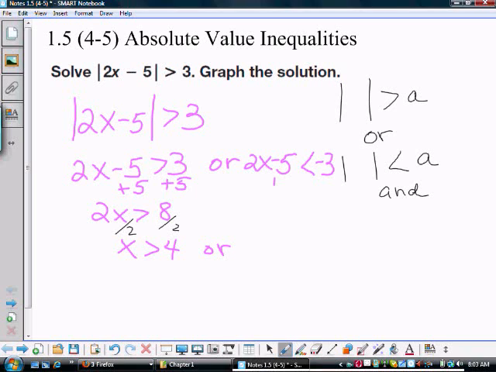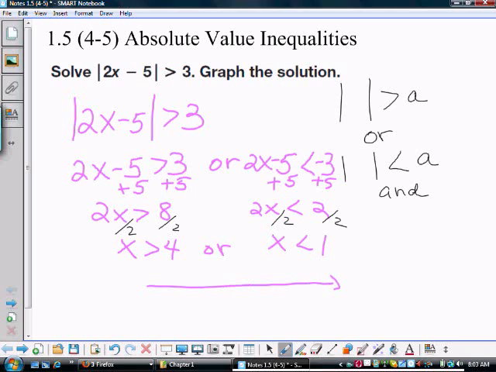Or add the 5 and get 2x is less than 2, divide by the 2, and get x is less than 1. So I have x is greater than 4 or x is less than 1. I leave it like that with the or in the middle. There's no other way to write that one.